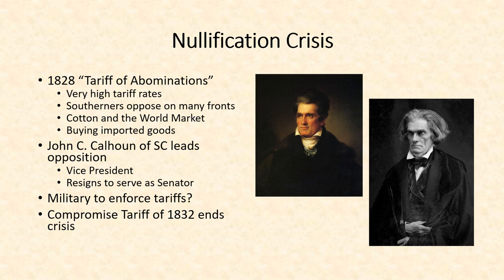He supported things like the Kentucky and Virginia resolutions. He believes that the states are the primary mechanism for governmental rule and that we should have a weak federal government. And he sees the Tariff of Abominations as something that will financially harm the American South, as well as his personal pocketbook, to be honest.